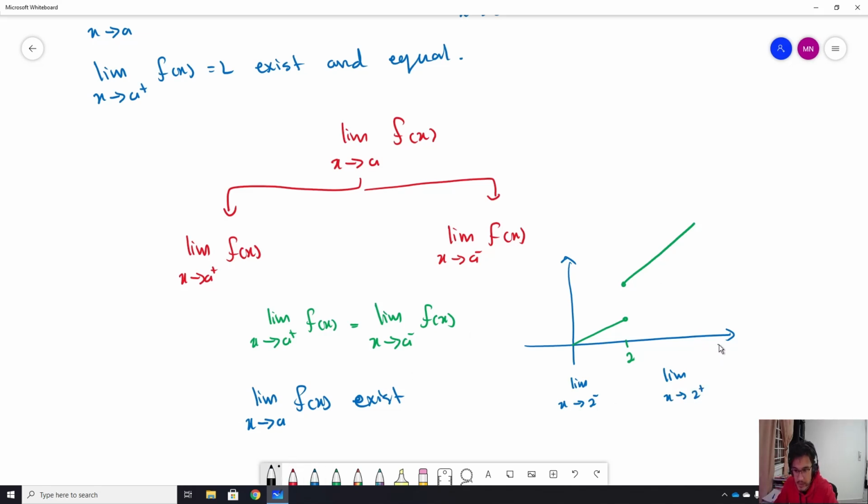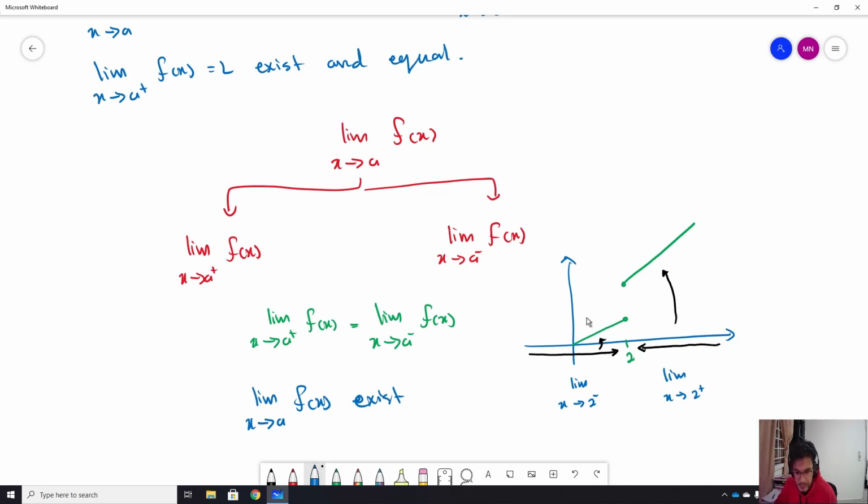So bila masa x axis tu approaching 2 from the right, dia akan mewakili graf di atas ini, sebab kawasan ini sahaja graf yang atas ni berada di kawasan yang besar daripada 2. So apabila limit x approaching 2 from the left, dia akan mewakili graf yang ini, sebab graf ini berada di bawah nilai 2.